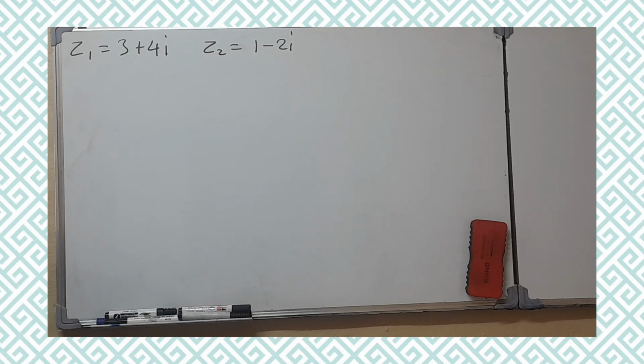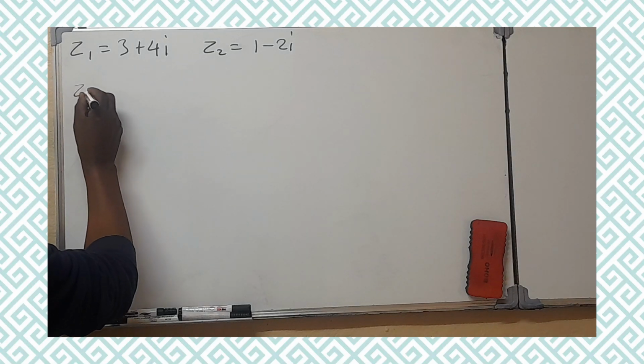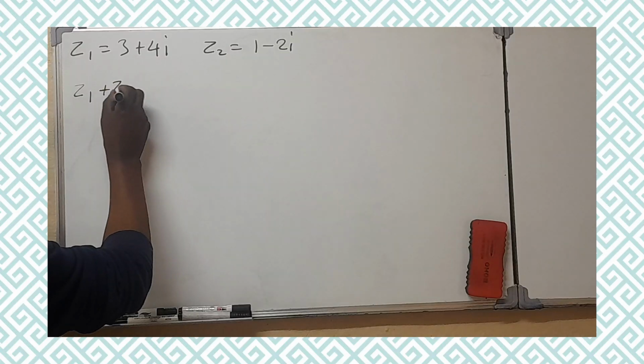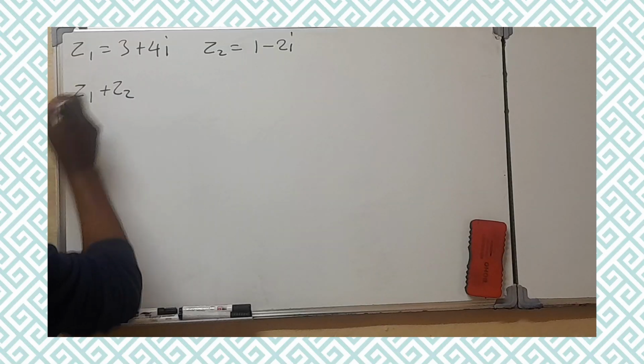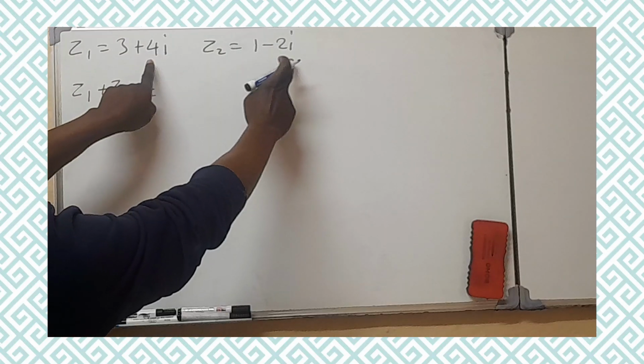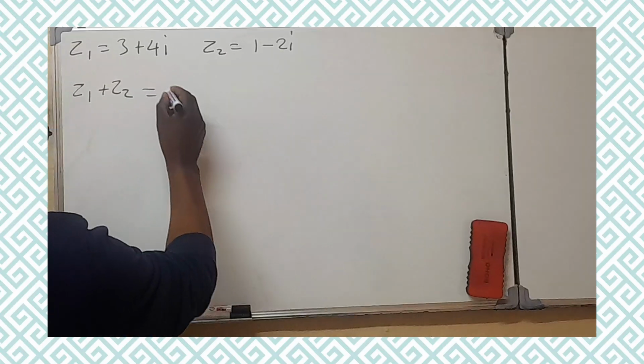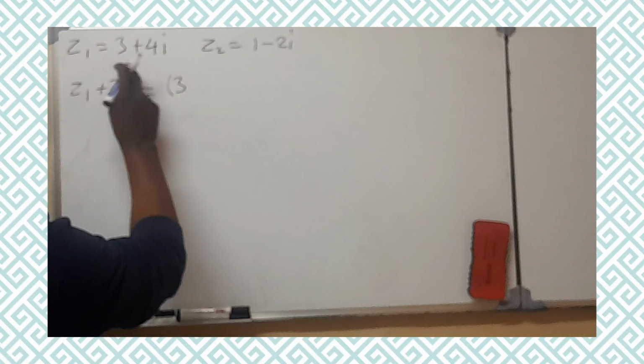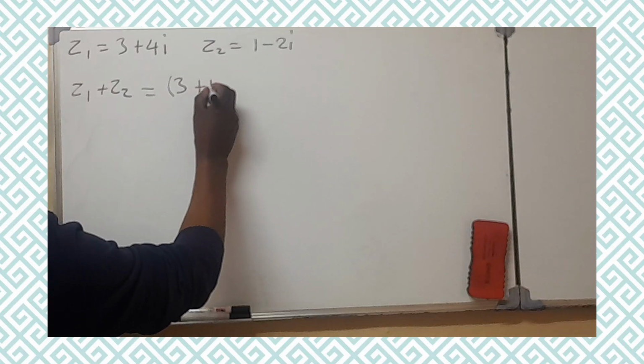Supposing we wanted to add Z1 to Z2. So we have Z1 plus Z2. What we do, we add the real parts together and the imaginary parts together. So the real part here is 3, the real part there is 1, so 3 plus 1.